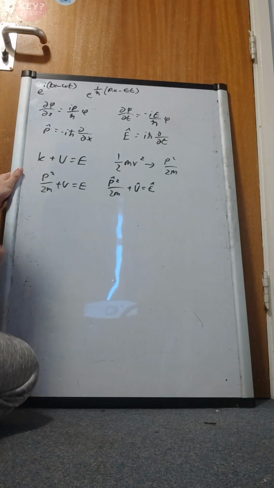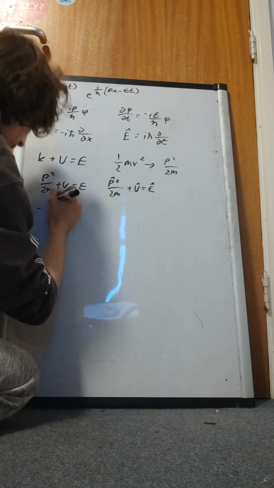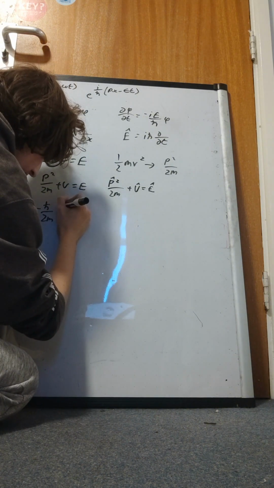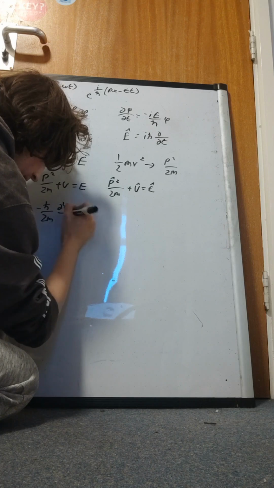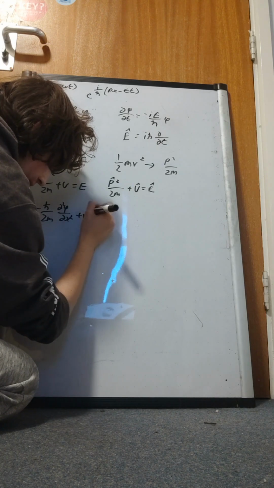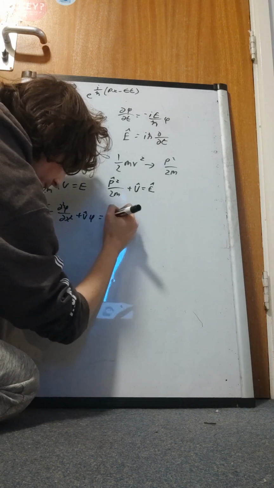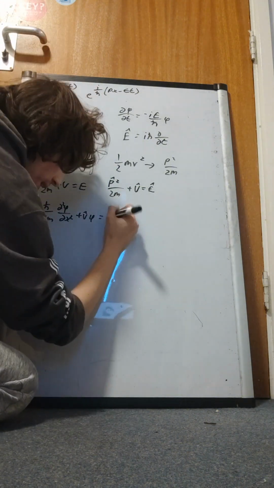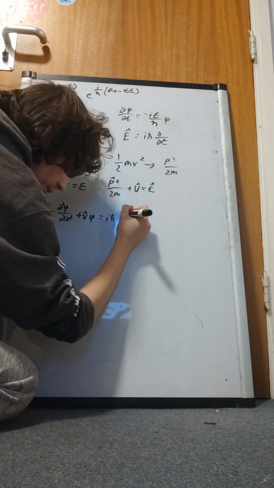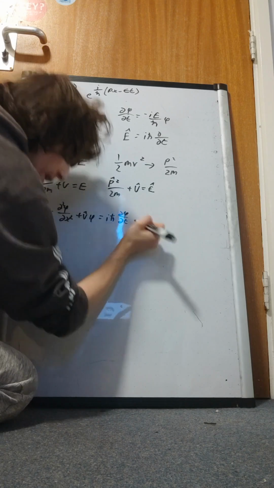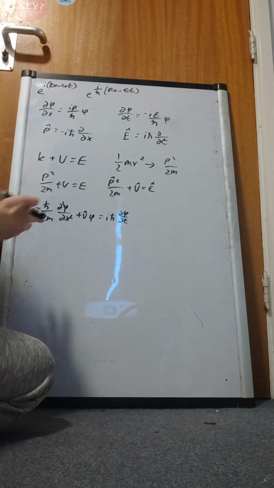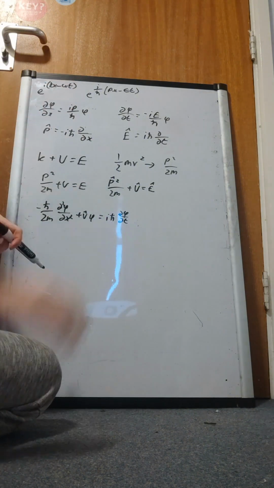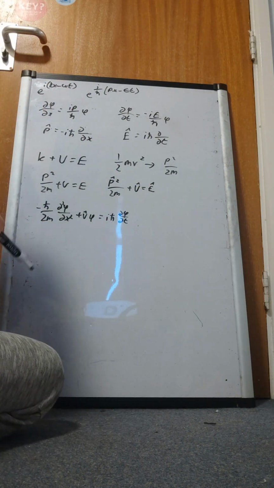So now, subbing in what we have: -(ħ²/2m) times the second derivative with respect to position, plus V̂ acting on φ, is equal to iħ times the first derivative with respect to time. You may be familiar with this. This is the Schrödinger wave equation, which, like I've shown here, is quite easily derived from just a couple of key principles.